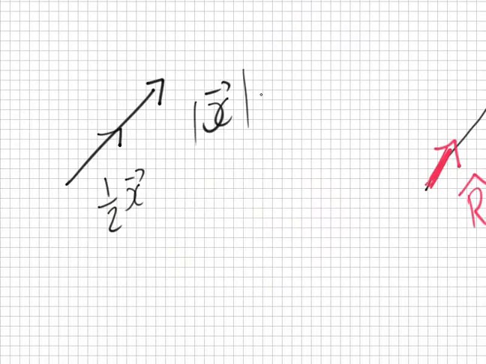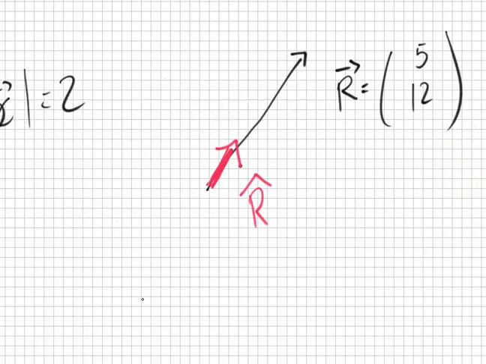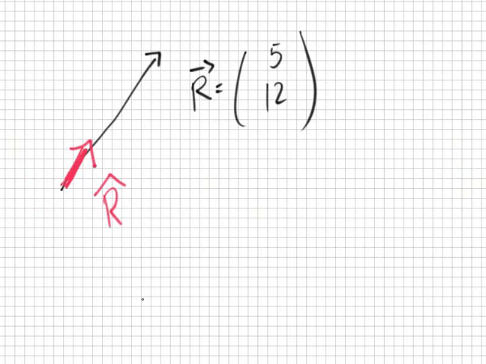You'd have to shrink it down to length 1. So as a rule, if you want to make a unit vector, you take the original vector and divide it by its length.